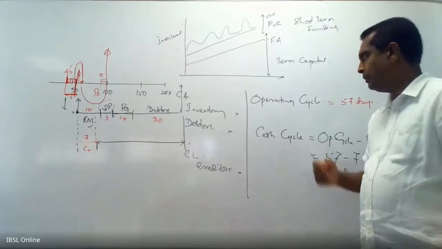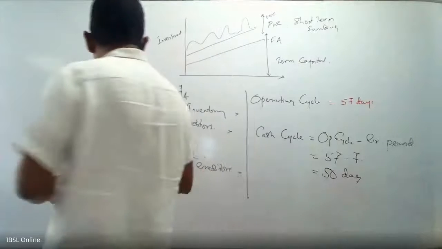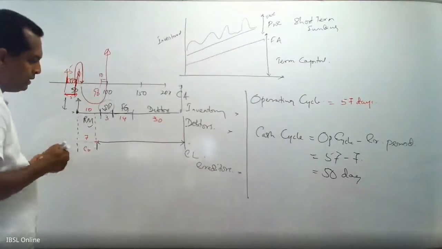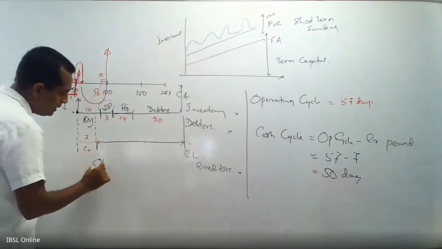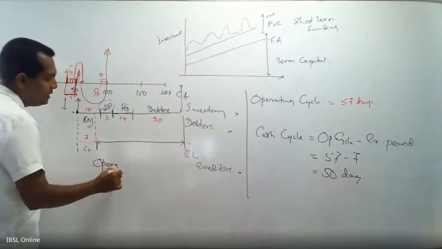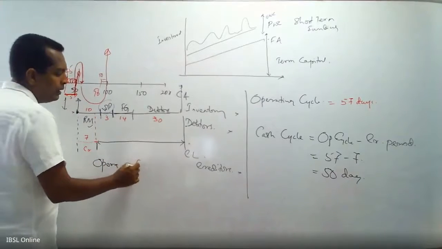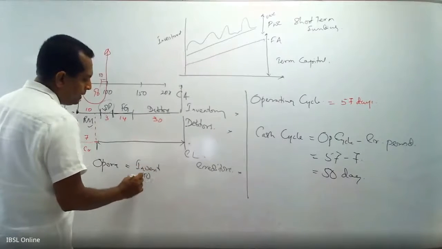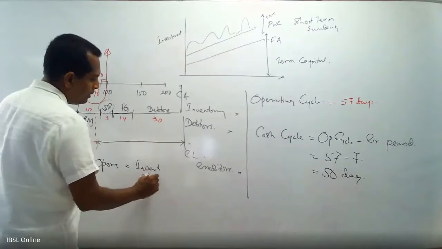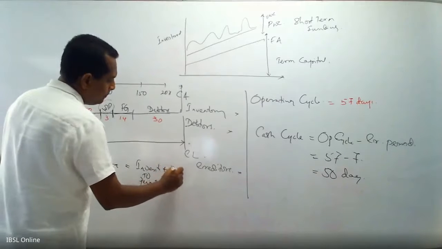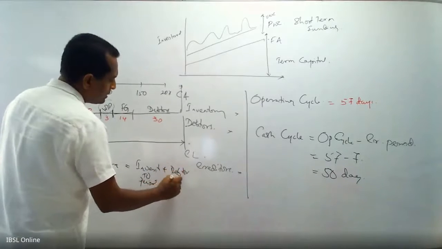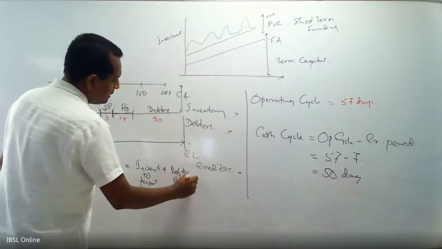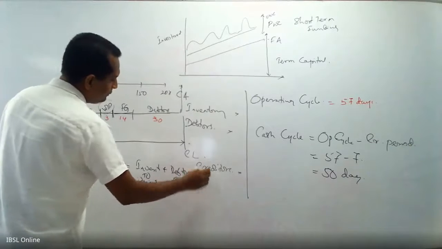Right? Then again, operating cycle, how do you calculate that? Is equal to inventory turnover period plus debtor collection period. Right?